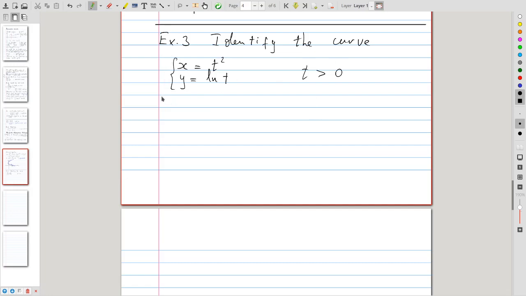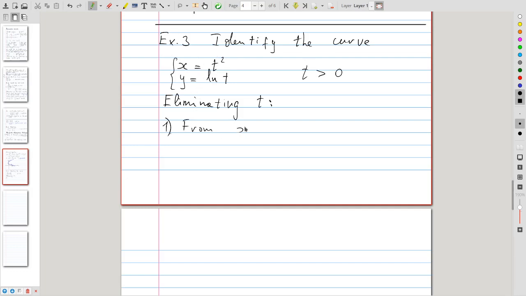So observe that here there are two ways to eliminate the parameter. Eliminating t can be done in two different ways. So one way would be to use the first equation to express t through x.